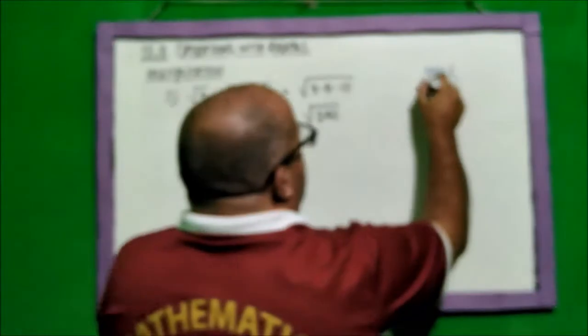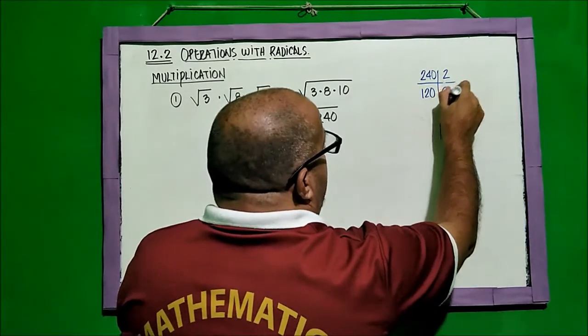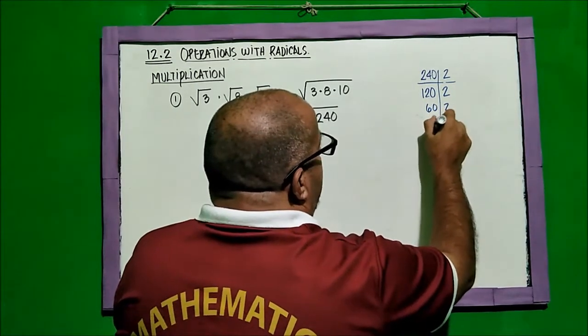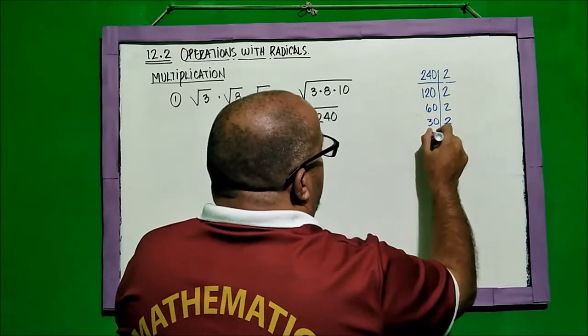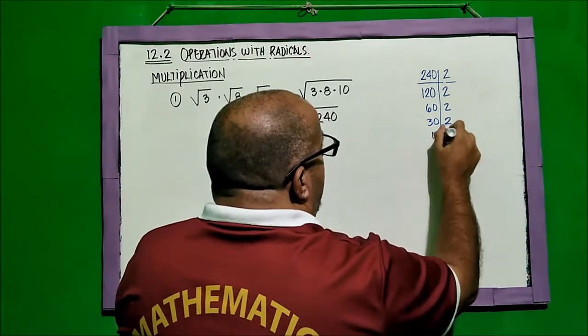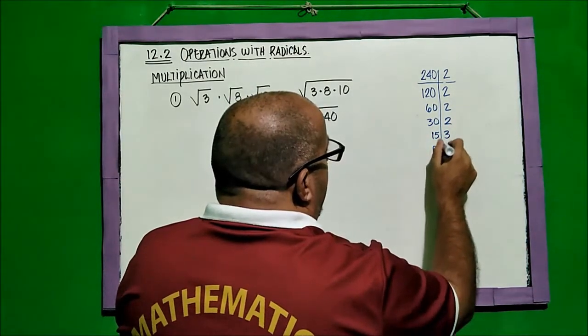And we continue doing this process until the 2 cannot be used. So we divide by 2 again, we have a 60. We divide by 2 again, we have a 30. We divide by 2 again, we have a 15. Then we divide by 3, we have a 5, 5, and 1.